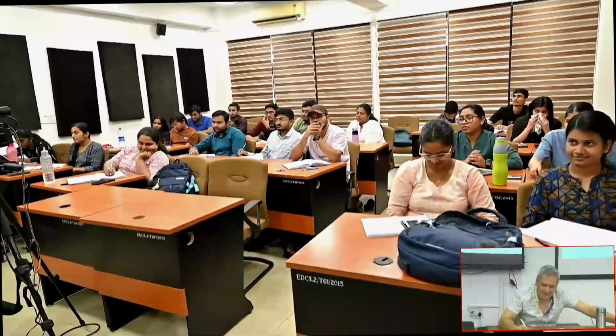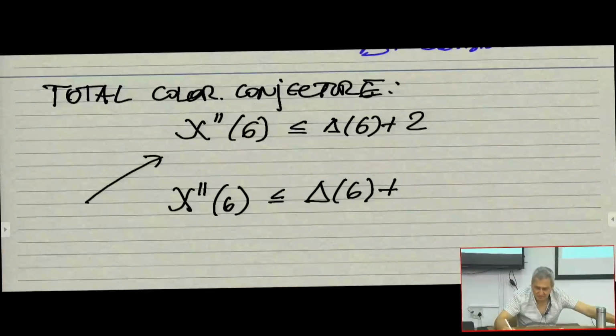Besides this, there is also a multigraph variation of the hypothesis. Can you guess what the multigraph variation will be? Similar to this: delta of G plus mu of G plus 1, multiplicity plus 1.